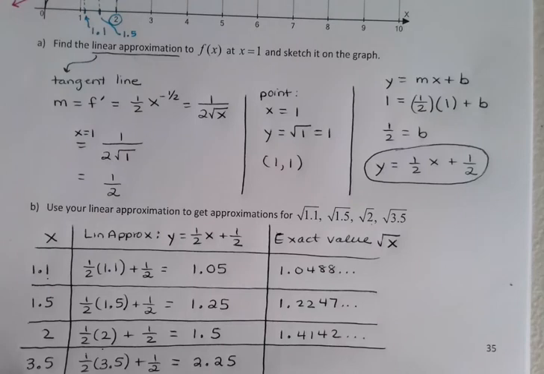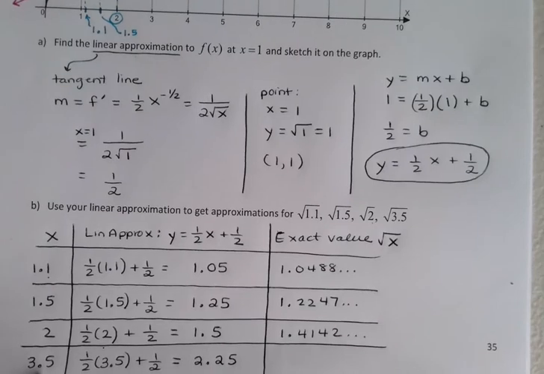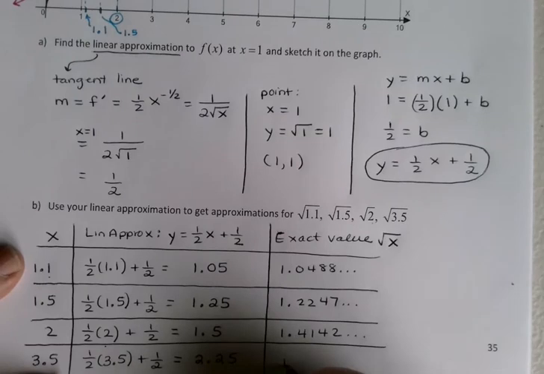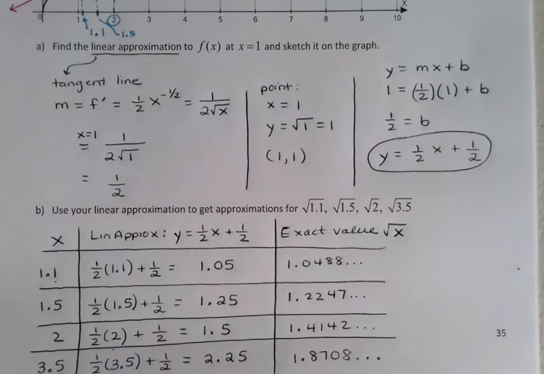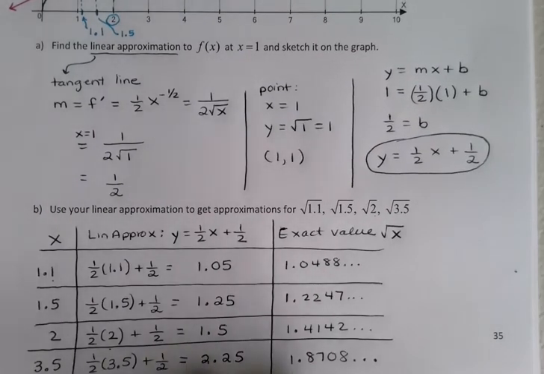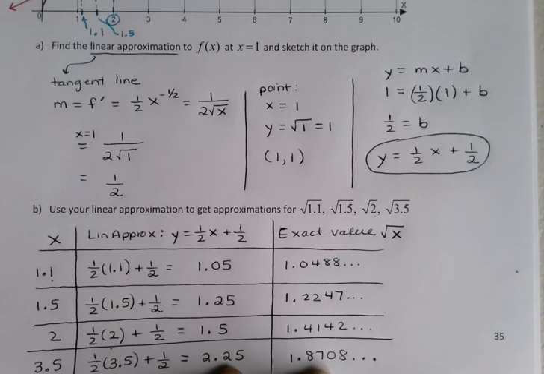Clearly not a good estimate for the square root of 3.5, because that's got to be less than 2. It's actually 1.8708, etc. So a very poor estimate here, not even close to the exact value.